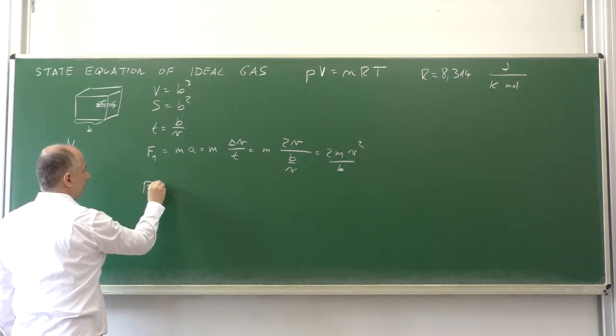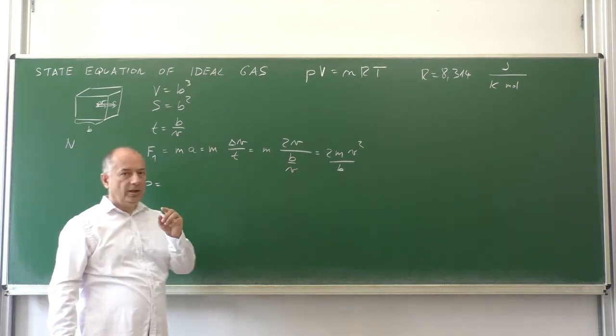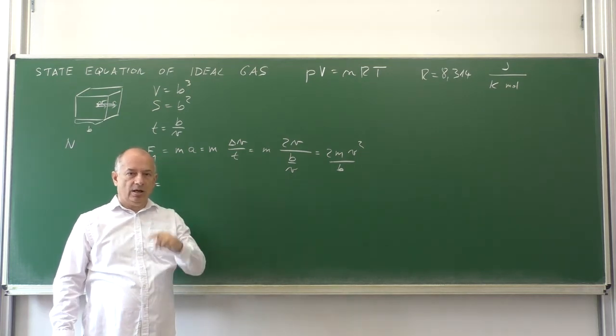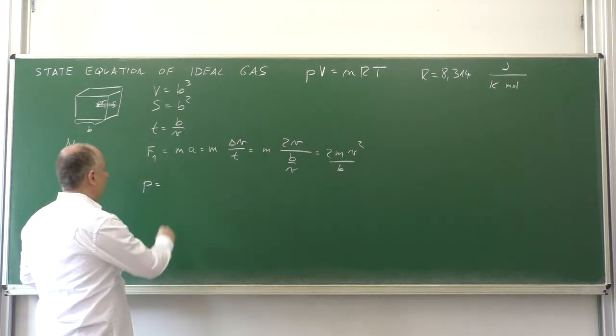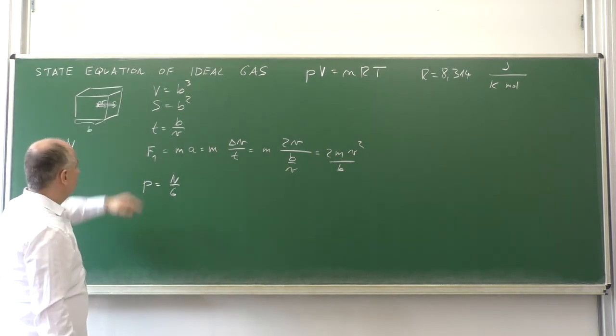So this is the force from one molecule, and if we have capital N molecules, then the pressure will be the total force. If we have some molecules going up, some going down, some going to the left, to the right, to the front, to the back, then N over 6 of the molecules will be traveling to the right.